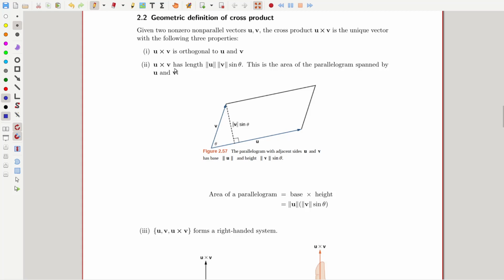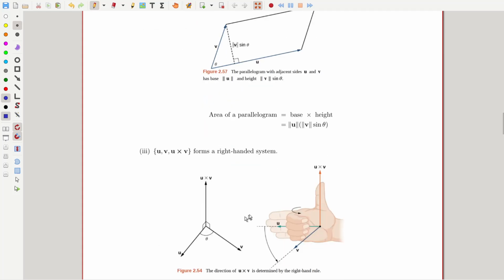u cross v has a length given by this expression, which is actually the area of the parallelogram spanned by the 2 vectors. I'll talk a little bit more about that in a second. The last property is that it forms a right-handed system, which means that the right-hand rule specifies which direction u cross v is pointing in.